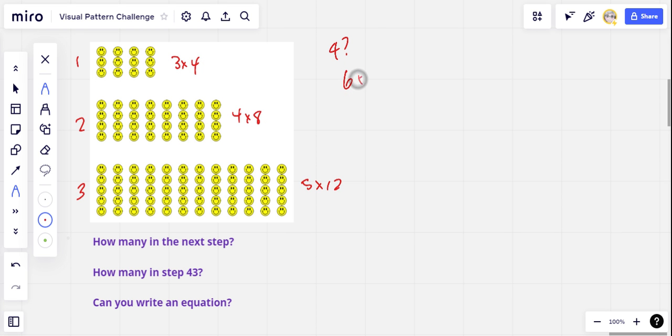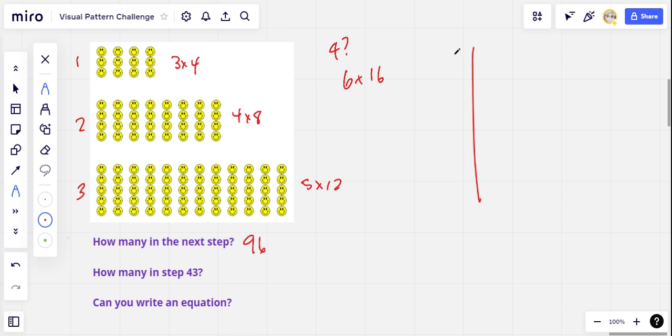So that's a 6 by something for step 4. And then we have 4, 8, 12. Looks like those are going up by 4. So 12 plus 4 would be 16. So 6 times 16. I think we're going to have a rectangle that's 6 by 16. That's going to be a lot of smiley faces. That is 96. So I'm predicting 96 smileys in step 4.